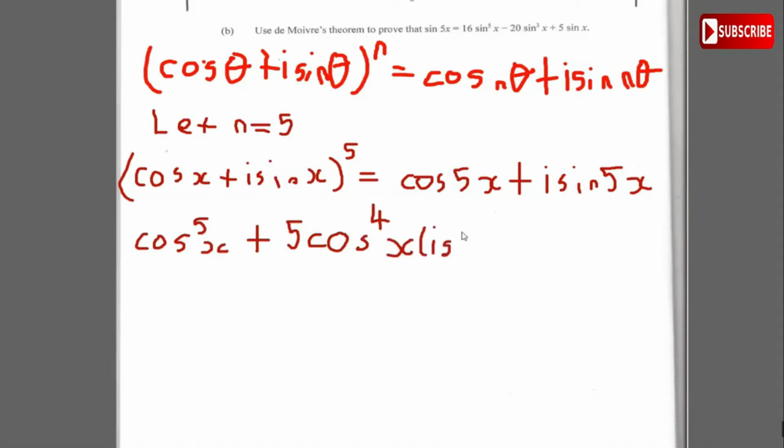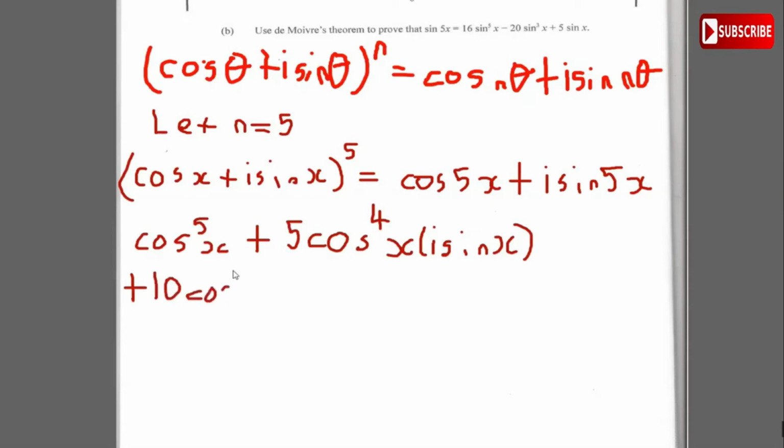Yeah, man, you have to remember this. Plus 10 times i sin x... then it's going to be 10, 1, 5, 10. Then you go down again in power of cos.